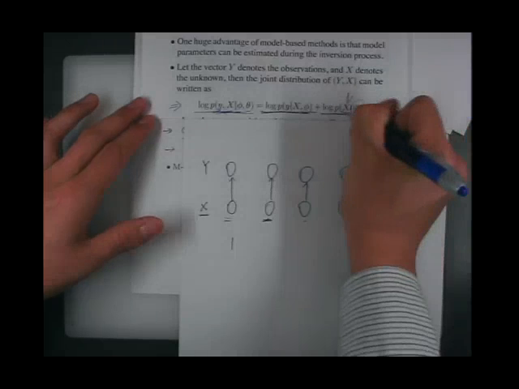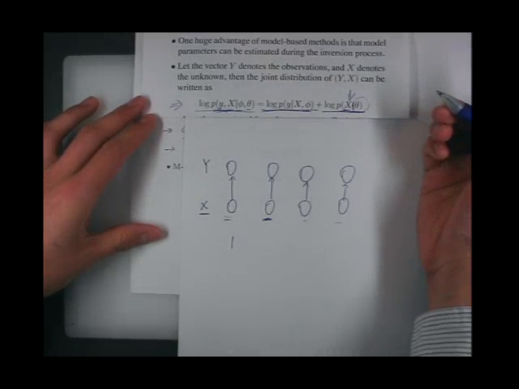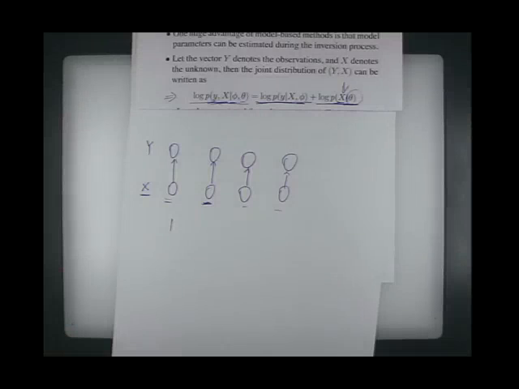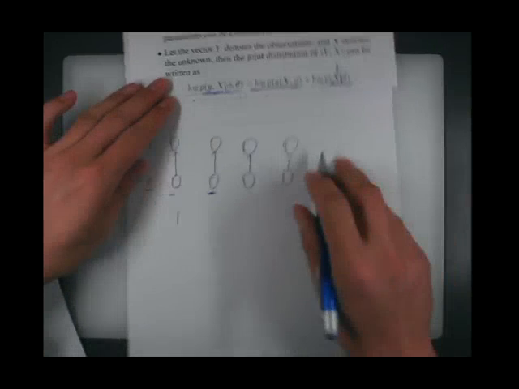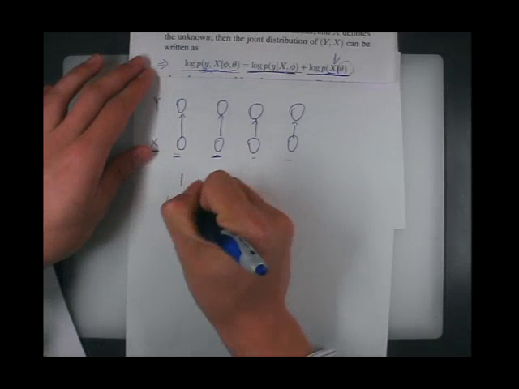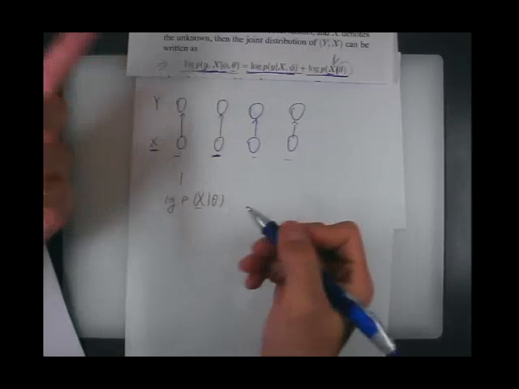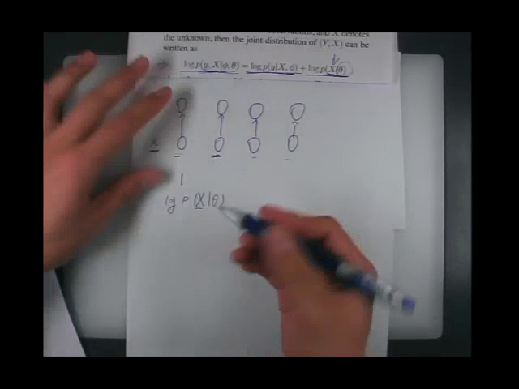This is the vector X. So are they independent or not? What does this term look like, this prior term? This X is a vector X. It's not only one x, it's a vector X.